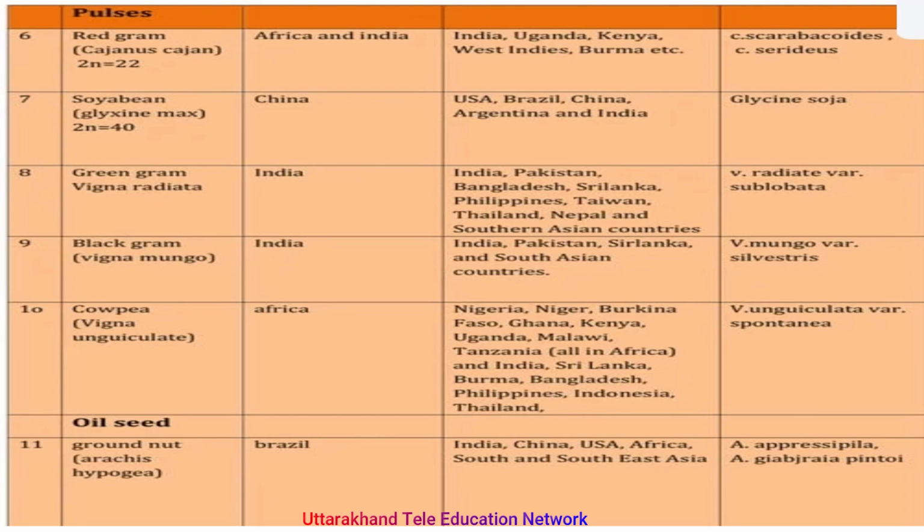Next is pulses. Red gram, that is also known as Cajanus cajan. Center of origin is Africa and India, and widely distributed in India, Uganda, Kenya, West Indies, and Burma, etc. Soya bean, center of origin China, and widely distributed in USA, Brazil, China, Argentina, and India.